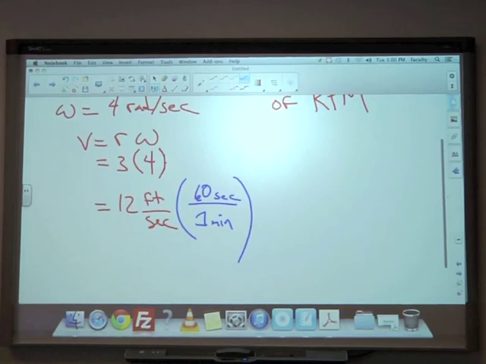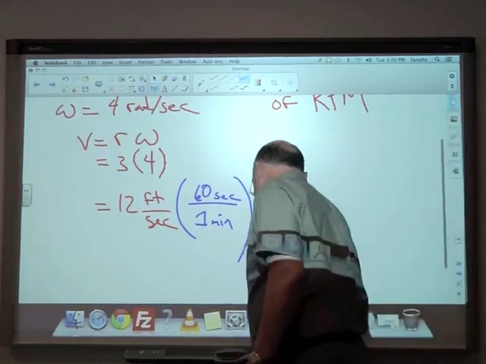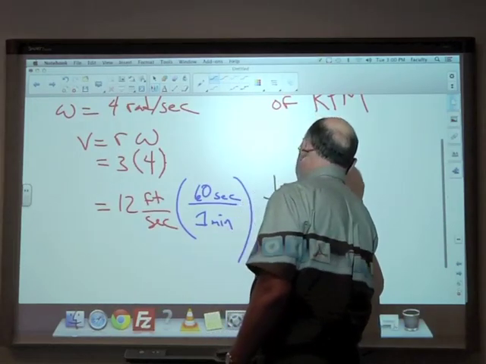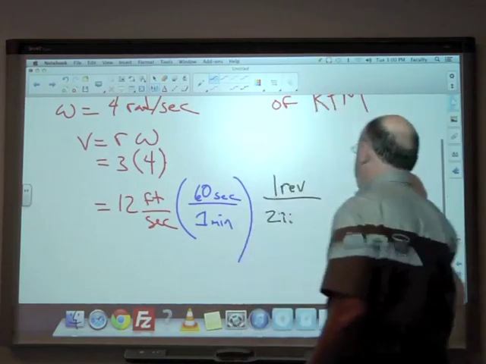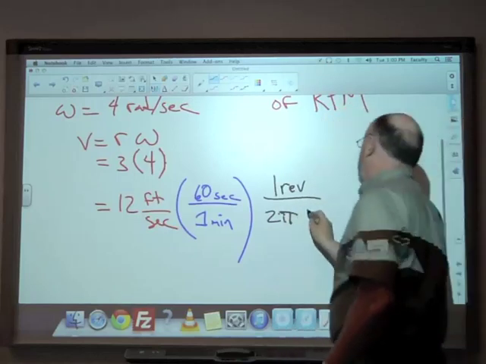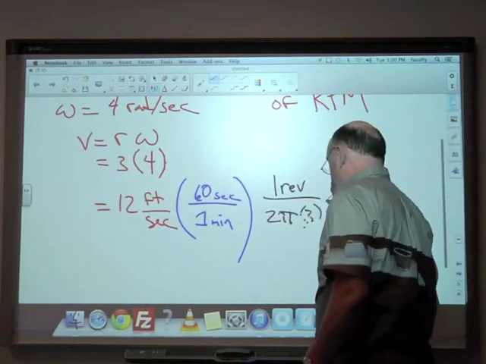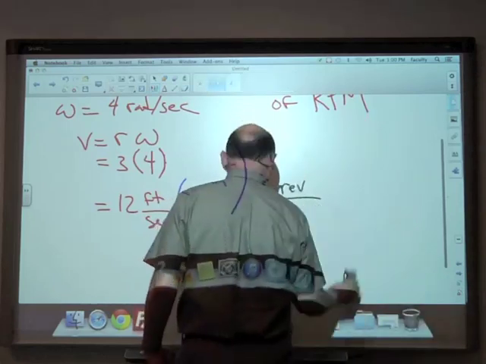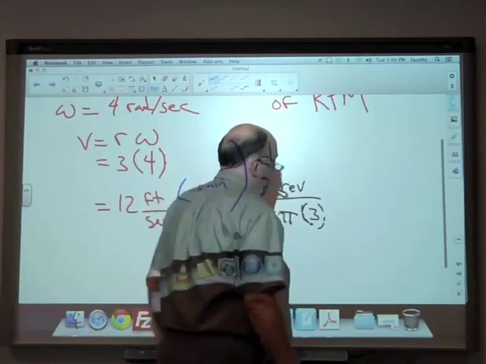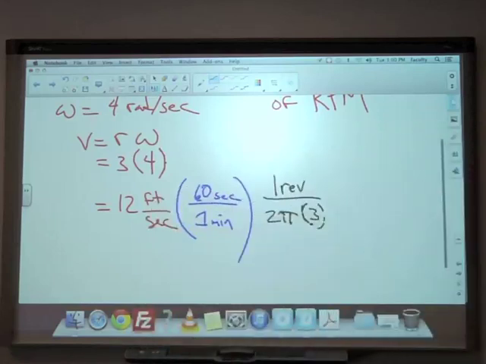So 1 revolution is going to equal 2 times pi times r, and my r was 3. 1 revolution is 2 pi r.